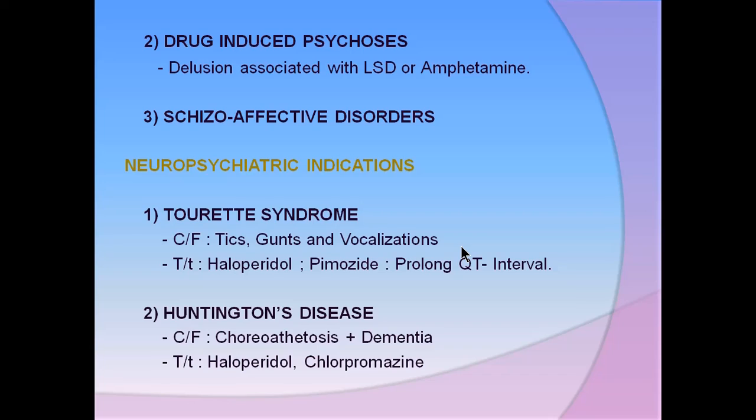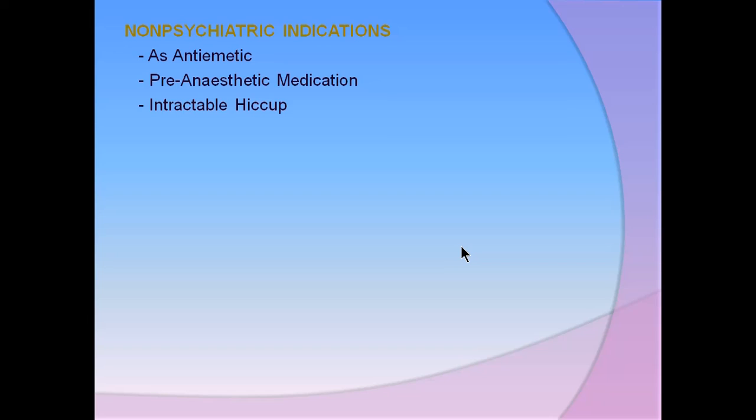Other indication, Huntington's disease. Clinical feature, choreoathetosis plus dementia. Treatment, haloperidol and chlorpromazine. Other non-psychiatric indications are as anti-emetic, pre-anesthetic medications and intractable hiccup.